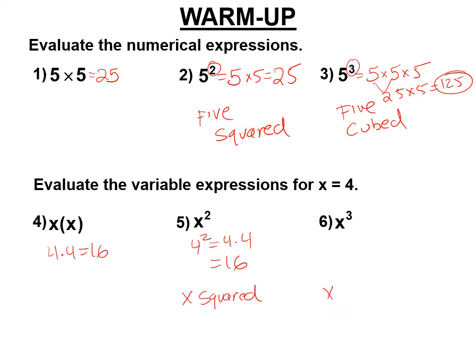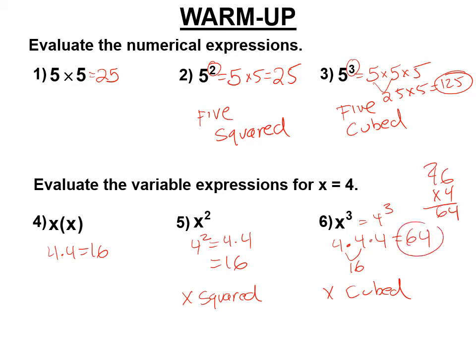We're going to say this one here is x cubed, and that's 4 times 4 times 4, or 4 cubed. 4 times 4 was the 16, and then 16 times another 4. 4 times 6 is 24. 4 times 1 is 4 plus 2 is 6. 4 cubed is 64.